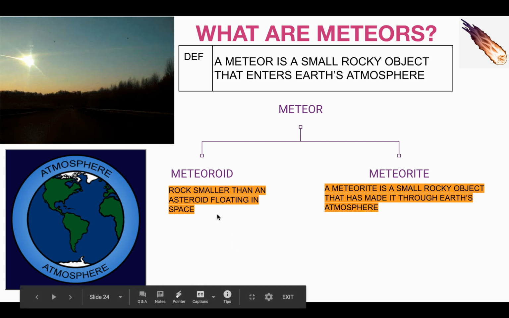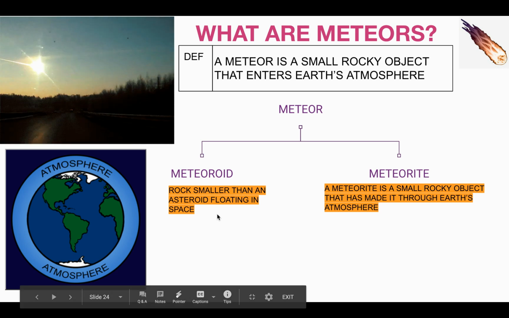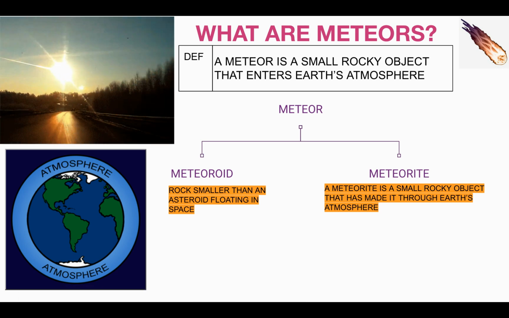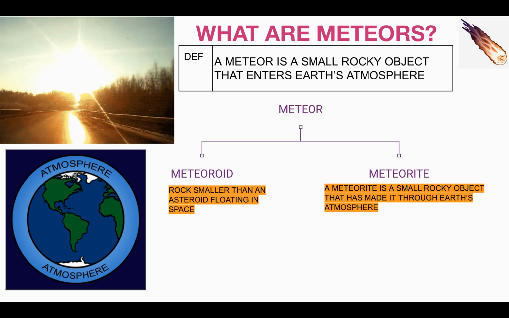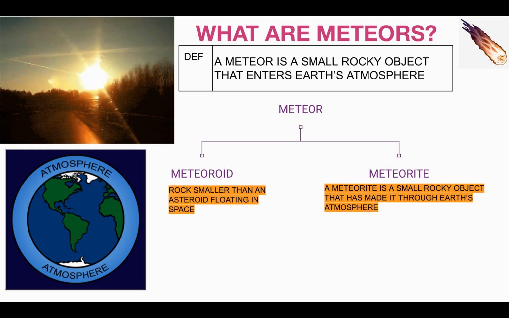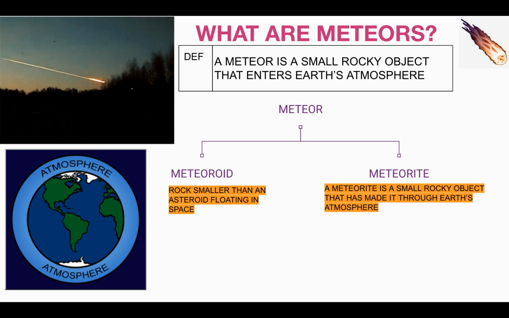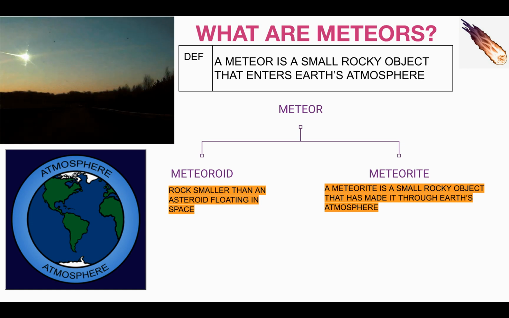A meteoroid, which is a rock smaller than an asteroid, usually bigger than a pebble, is floating about in space. Okay, so these are objects that are smaller than asteroids, but most of them are only pebble-sized objects.